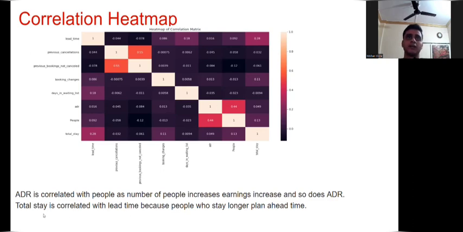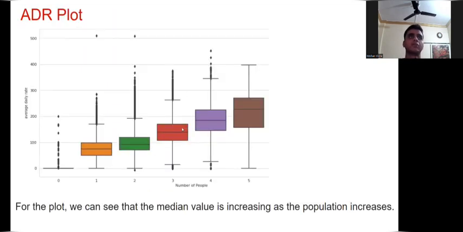So we can say that as the number of people increases, earning increases, and for total stay, the people who stay longer plan ahead of time. So let's see the relation between number of people and average daily rate, ADR. We can see that as the number of people increases, the mean and median value of ADR increases.